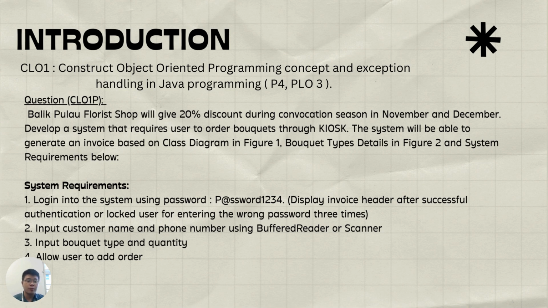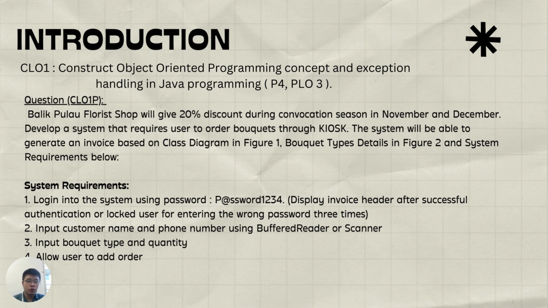For the system requirements, the first one is logging into the system using the password PASSWORD1234, and we need to display the invoice header after successful authentication, or lock the user out for entering the wrong password 3 times. Second, input customer name and phone number using BufferedReader or Scanner.